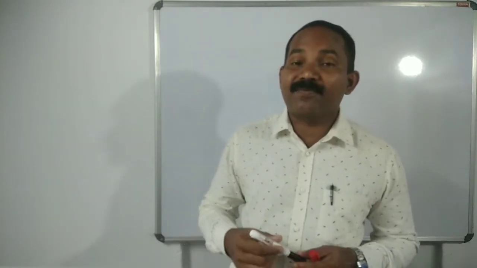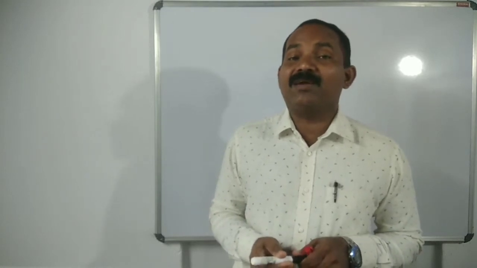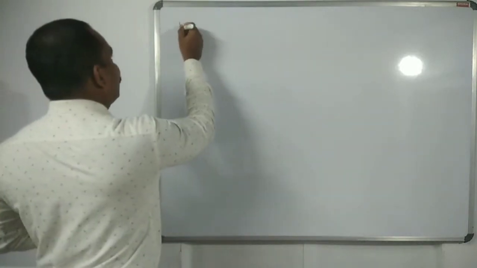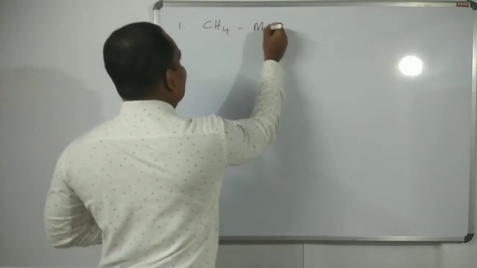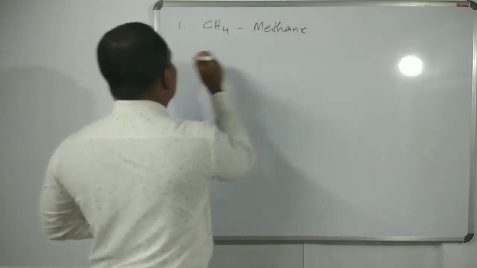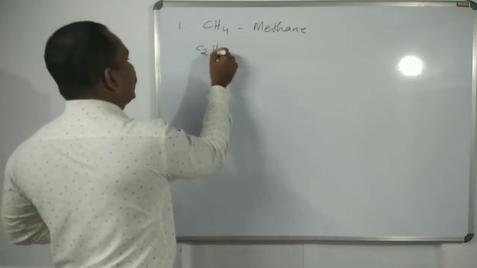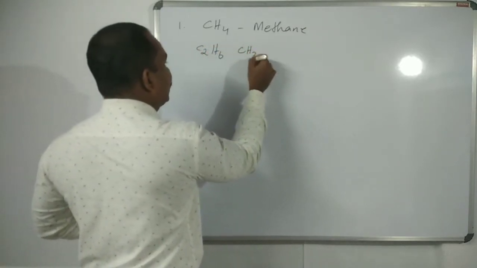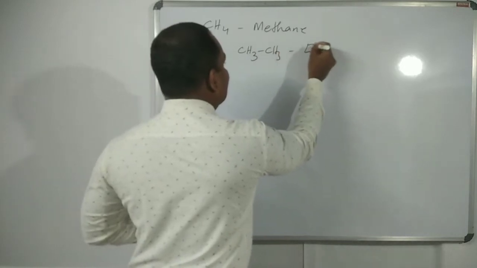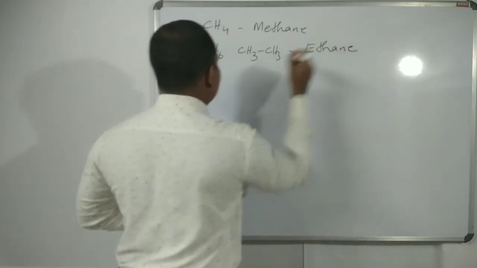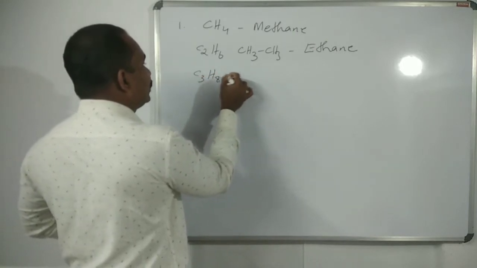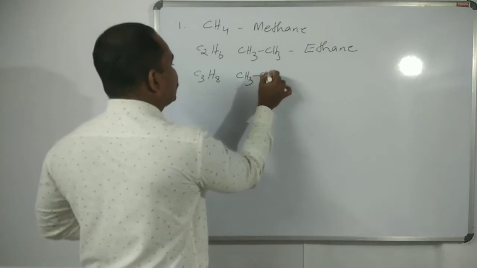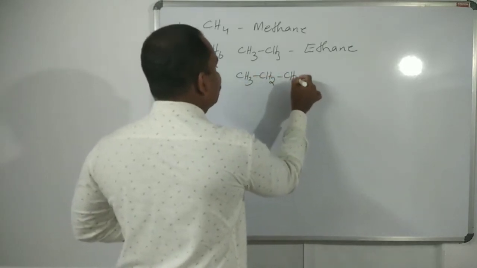And we know that if the parent chain contains one carbon atom, it is methane. First one is CH4, it is methane. C2H6, that is CH3CH3, it is ethane. Then C3H8, that should be written as CH3, CH2, CH3.